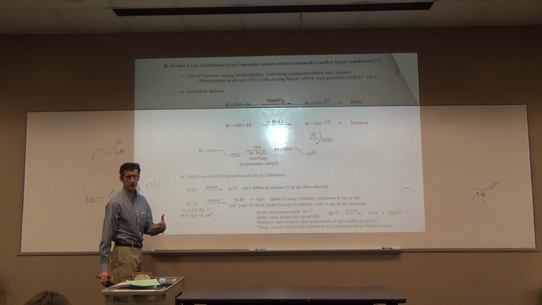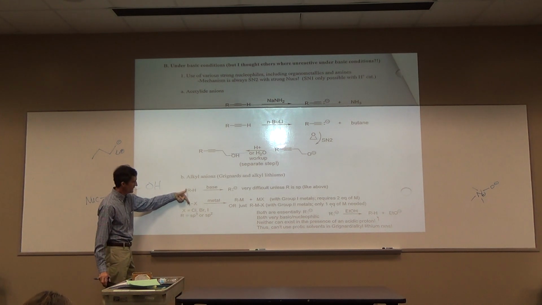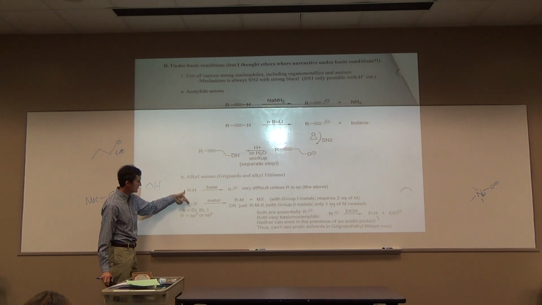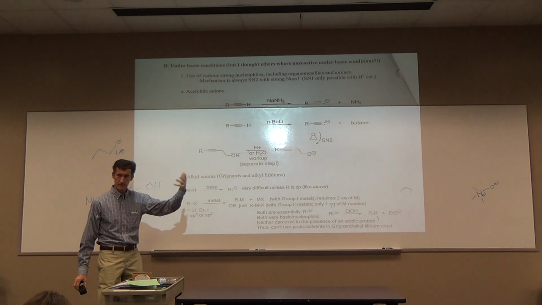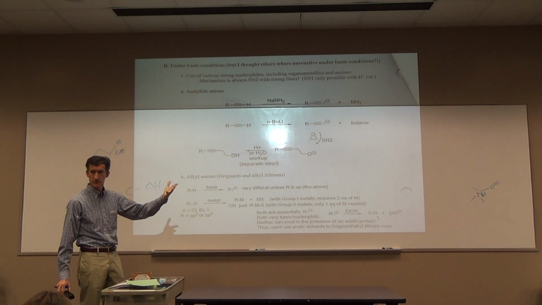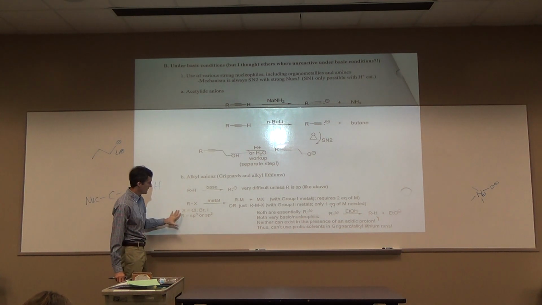A better way to do this is to actually start with the alkyl halide, like the alkyl bromide, things we traditionally used for substitution, with leaving groups. Now you can come back, this just gives you the full information.